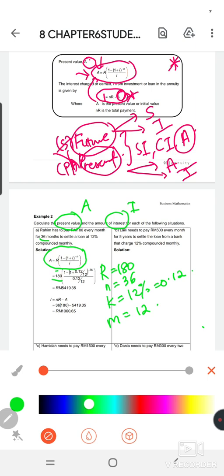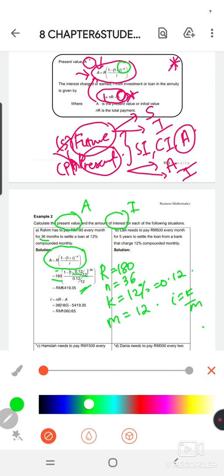Okay, 1 minus (1 plus i), okay, formula i is K over M. So your K is 0.12 and M equals to 12. And then negative N sebab ni formula dia memang ada negative N. So negative 36. So divide by 0.12 over 12.